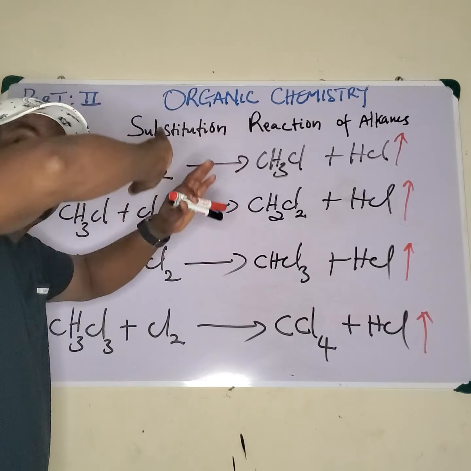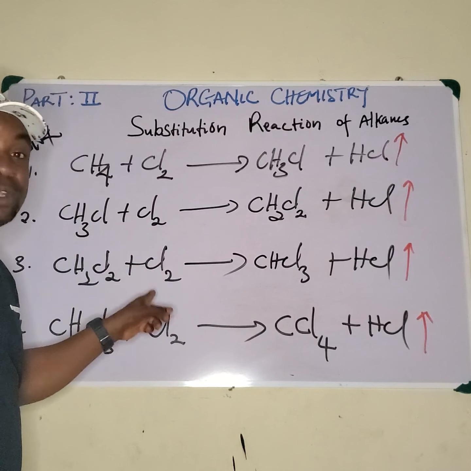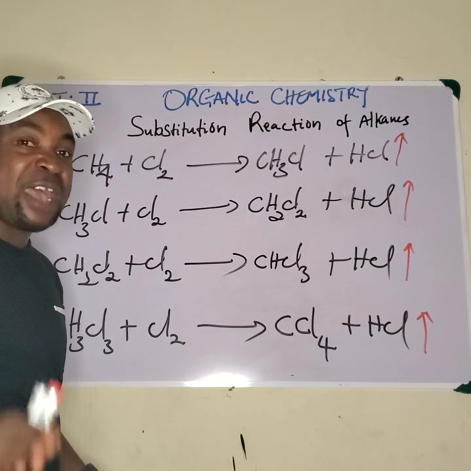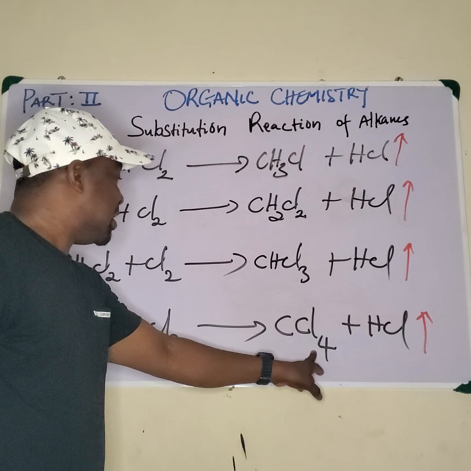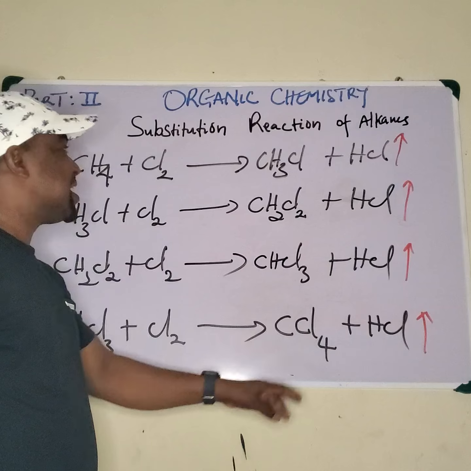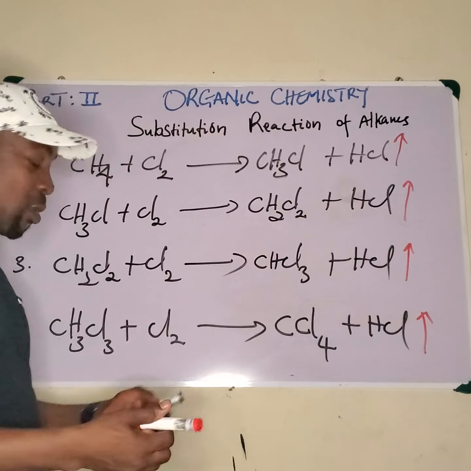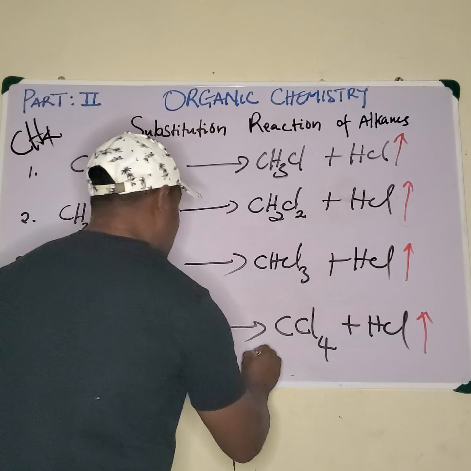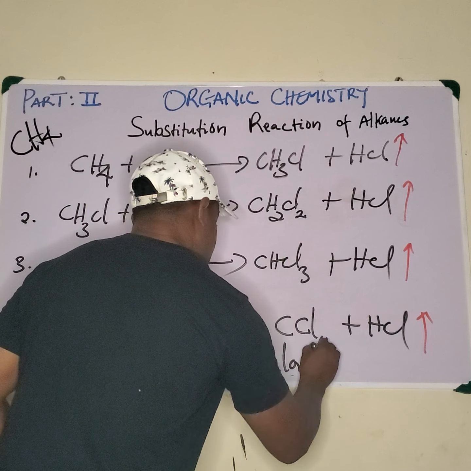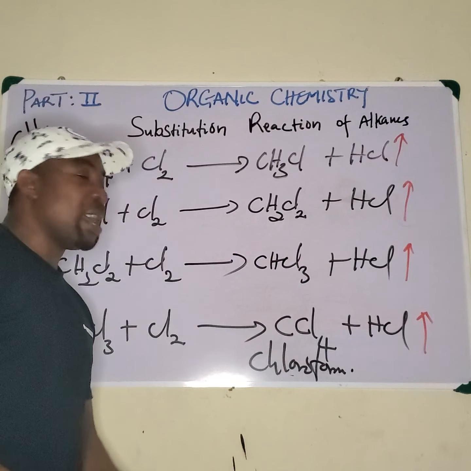They have substituted all the hydrogen atoms attached to this parent hydrocarbon, which is methane. They have taken them away and substituted them. So this is formed. We call it tetrachloromethane; we are going to do the naming of these compounds. And this compound is commonly known as chloroform.